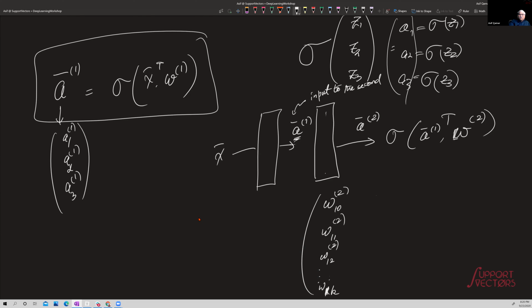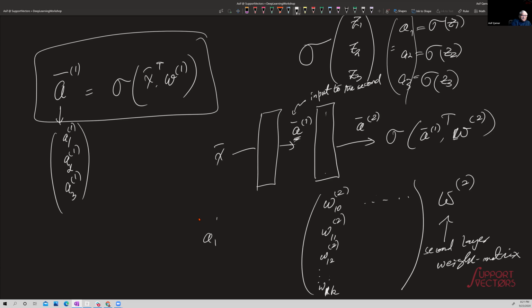And now you could do it for the next node and for the next node, and you'll get the matrix W2, the second layer weight matrix. And the only thing we know is that the input is A1, A2, A3. This is what is going in.